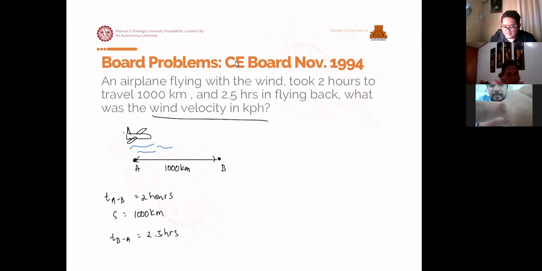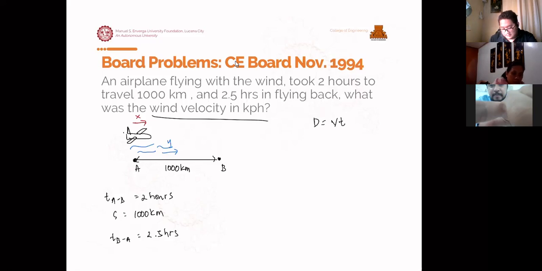So there is no given velocity of the airplane and no velocity of the wind. What we will do is call the velocity of the airplane X, then the velocity of the wind Y. In our formula earlier, distance is equals to velocity times time.